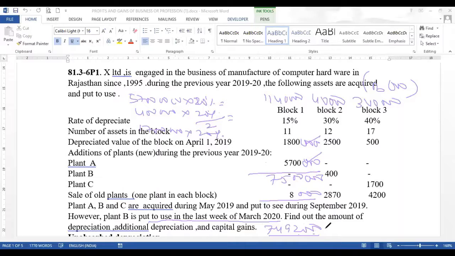Now, on this you have to calculate normal depreciation. Why? Because plant A has been used the full year. This 74 lakh 90,000 into what is the rate of depreciation for this block? 15%. Into 15%. How much is it? Can you tell me how much?